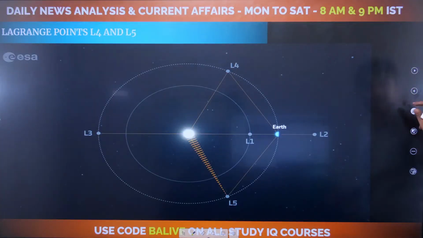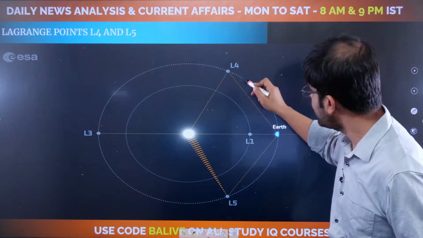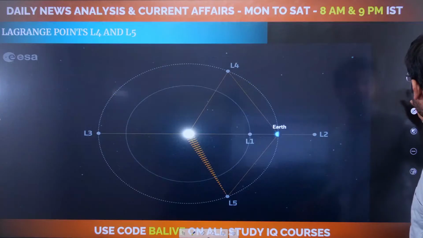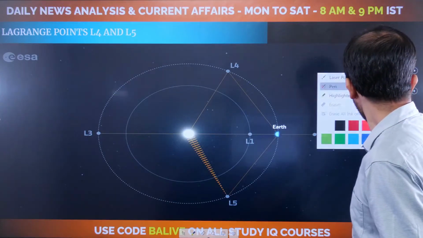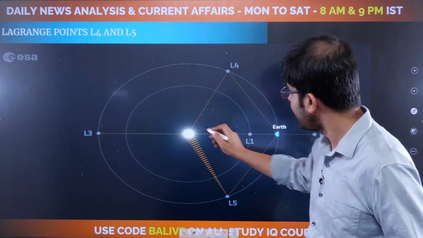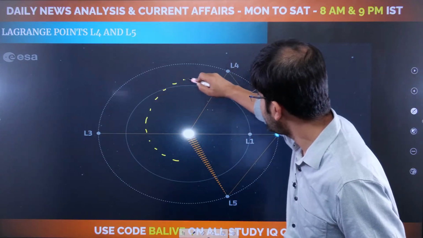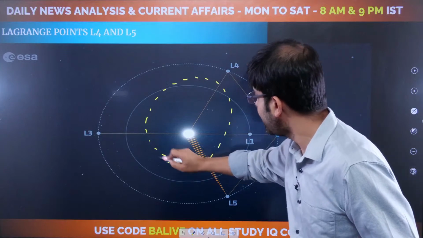Now what are L4 and L5? Let me draw it out for you. Here is Earth, here is the Sun. Please understand, this is the Sun's gravitational field.